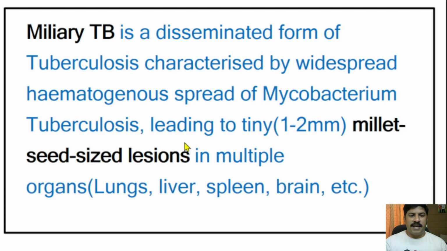So Mycobacterium tuberculosis spreads all over the body and leads to millet seed-sized lesions in multiple organs, that is lungs, liver, spleen, brain, etc. So that is miliary TB.